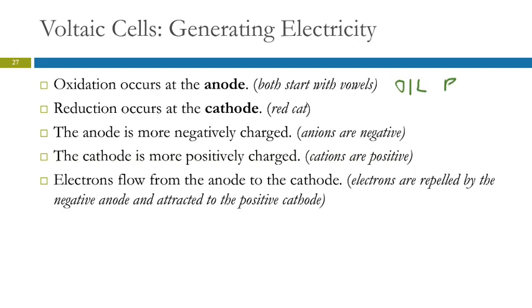If we remember oil rig, oxidation is loss of electrons, right? Oxidation occurs at the anode. That means at the anode, electrons are being lost. They're leaving the anode. Reduction is gain of electrons. At the cathode, we have reduction. We have electrons coming in, and so the cathode's positive.